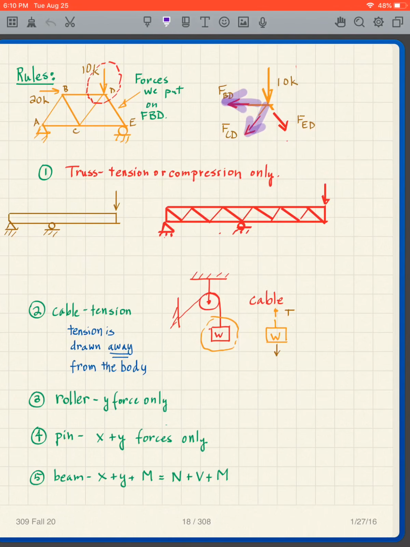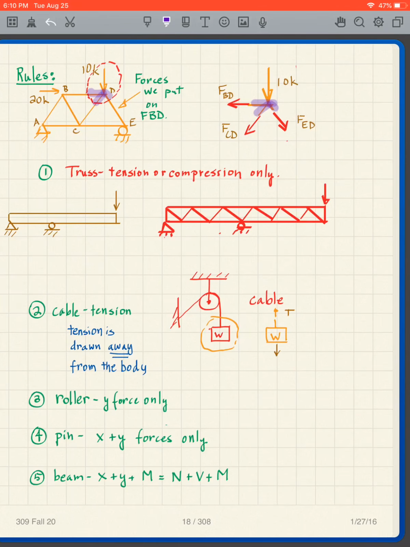Now, if you remember the way our free body diagrams work, if this arrow goes away from the body, which it does, in other words, this is the body right there, that's my little structure, and I've cut, that's the structure.